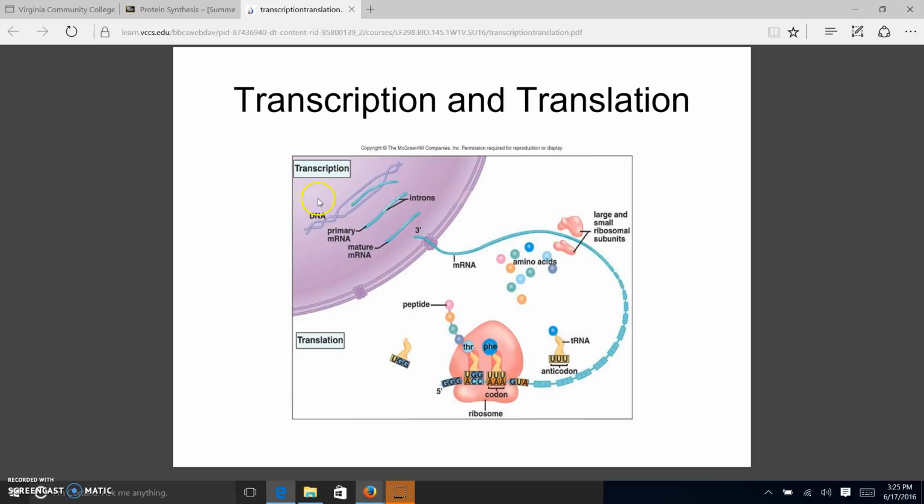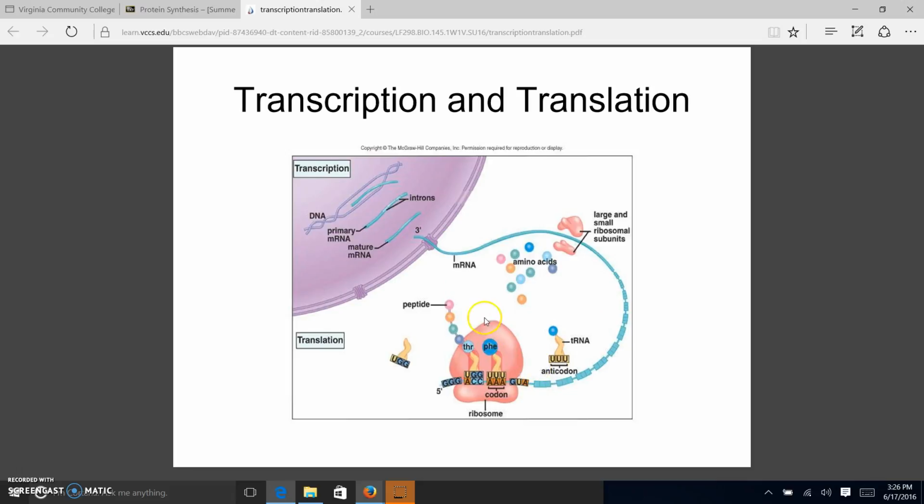Now, to back up and look at the bigger picture, what's going on inside the nucleus is that DNA is unwound at an area called a gene, and an enzyme is reading that and putting together this messenger RNA so it can carry the message of codons out to a ribosome to be read by the transfer RNA. All right, we'll talk about how it is reading this on the next one. But this process that's occurring inside the nucleus is called transcription.